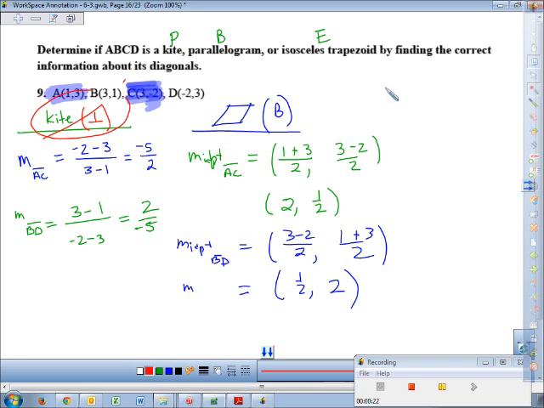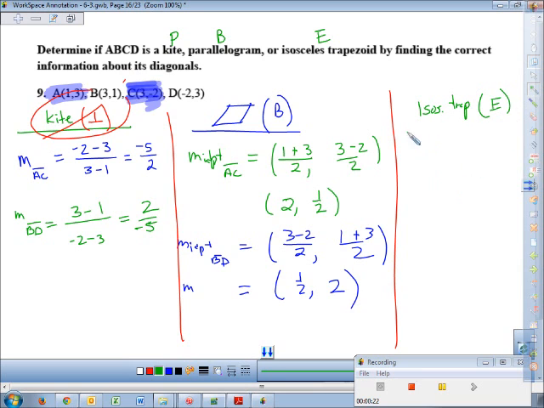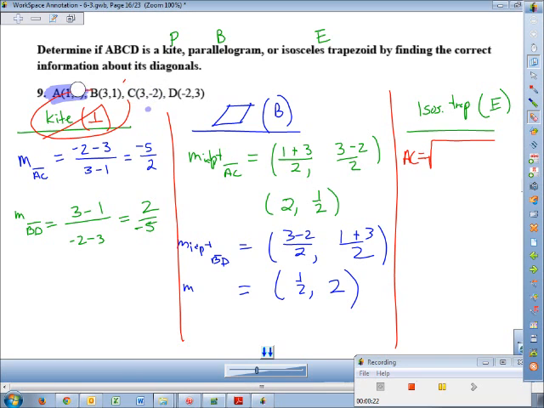And let's do one distance, and then I'm going to show you the awesomest secret in the world. So I want to test to see if it's an isosceles trap now, by seeing if the diagonals are equal to each other. And let's just find the distance from A to C. I want to show you a nice, neat secret when we're done with this. Distance from A to C. Erase all this stuff I can't see.